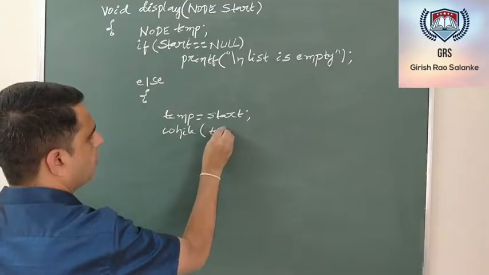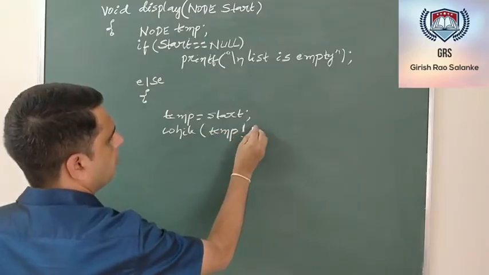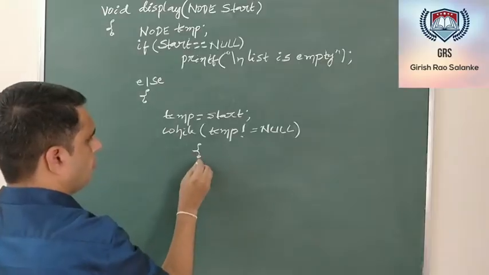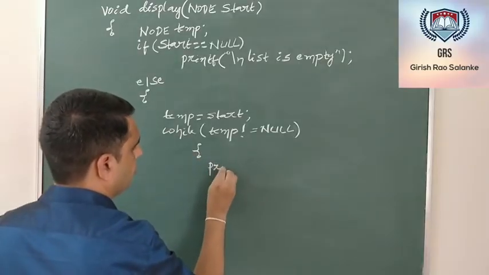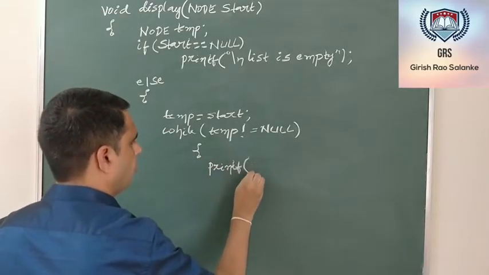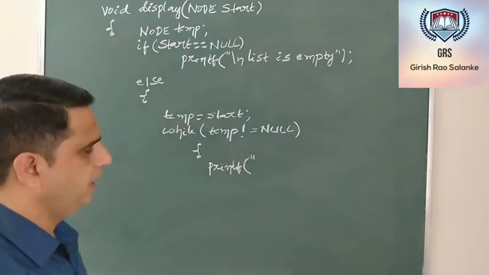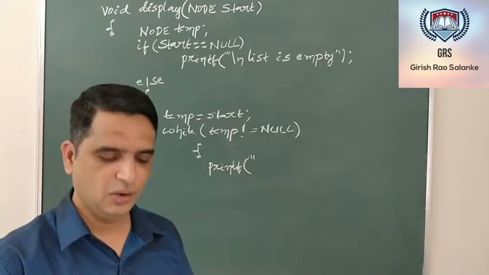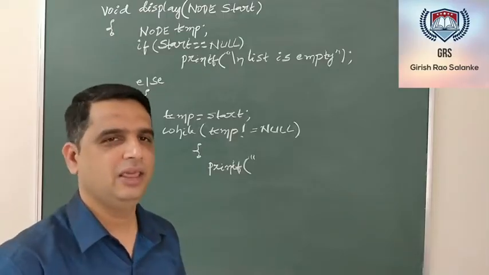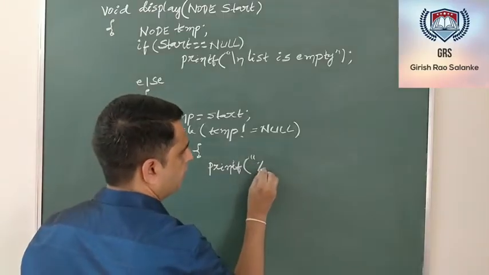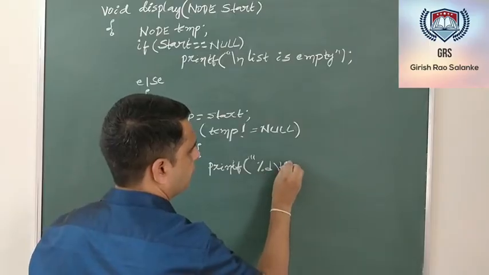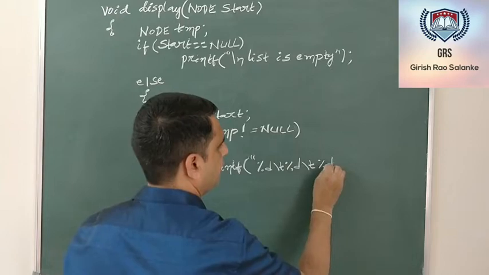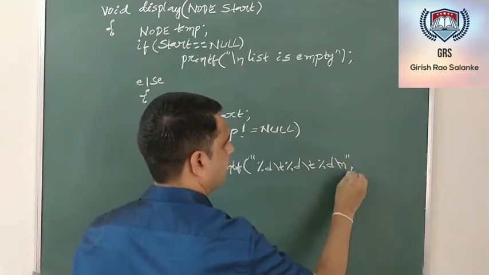While temp is not equal to null, printf. We need to display the information stored in each of the nodes. The information stored is the row number, column number and the non-zero element. So %d, a tab space, %d, a tab space, %d, a new line character.